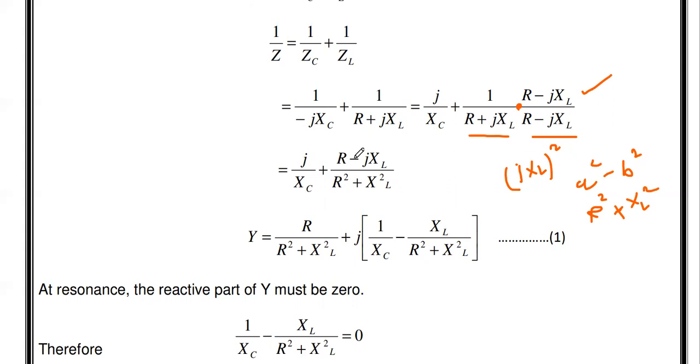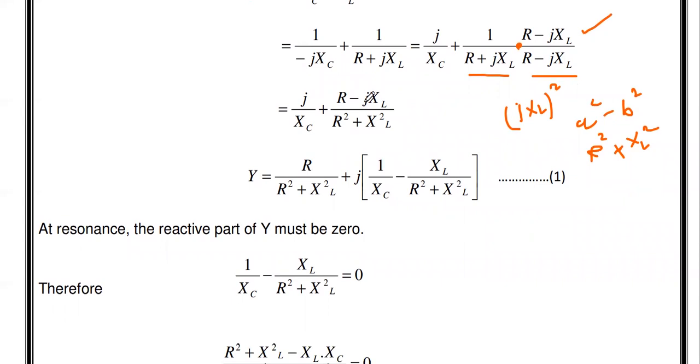So we can write the first term as it is, j by XC, plus R minus jXL divided by R squared plus XL squared. Then you split this second term into two parts: R by R squared plus XL squared, which is the real part, and minus jXL by R squared plus XL squared.